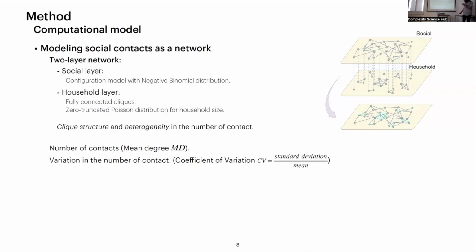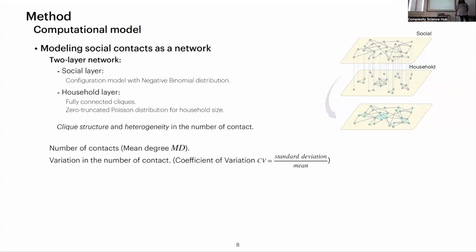We can parameterize that as a coefficient of variation, CV, which is the standard deviation of degree over mean degree. So this term represents the heterogeneity in our network. Higher CV corresponds to a heterogeneous network, in which the existence of hubs is quite frequent. Lower CV corresponds to a homogeneous structure.